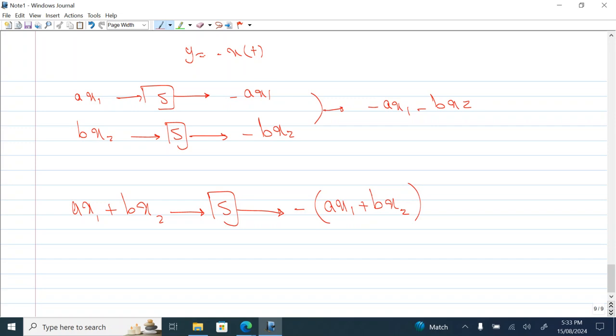Now, what if I put 1 here? So y is minus xt plus 1. No, you cannot tell. It's not linear. My question is why?